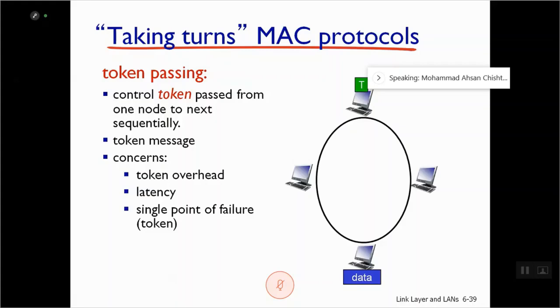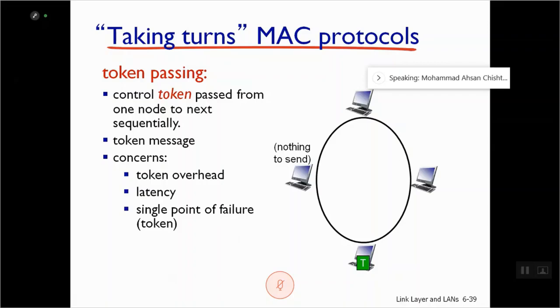Likewise, when node 1 has to send, it sends the token to the next one. The next one has nothing to send, so it passes on the token to the next one. The next one has some data to send, so it sends the data.